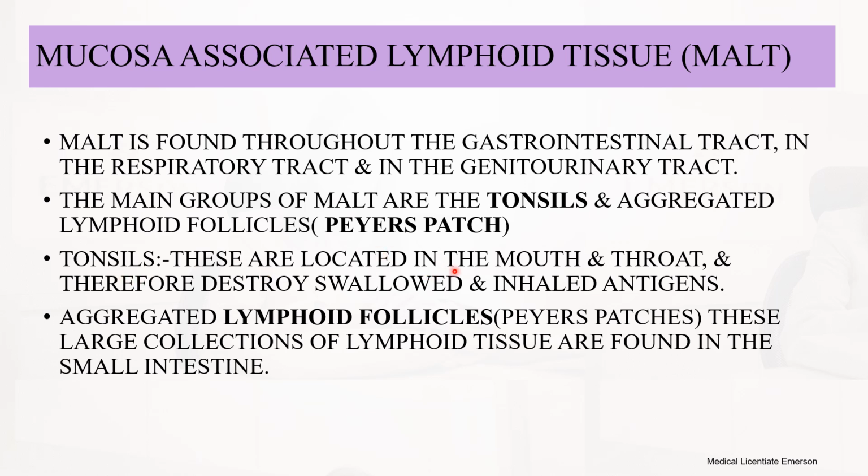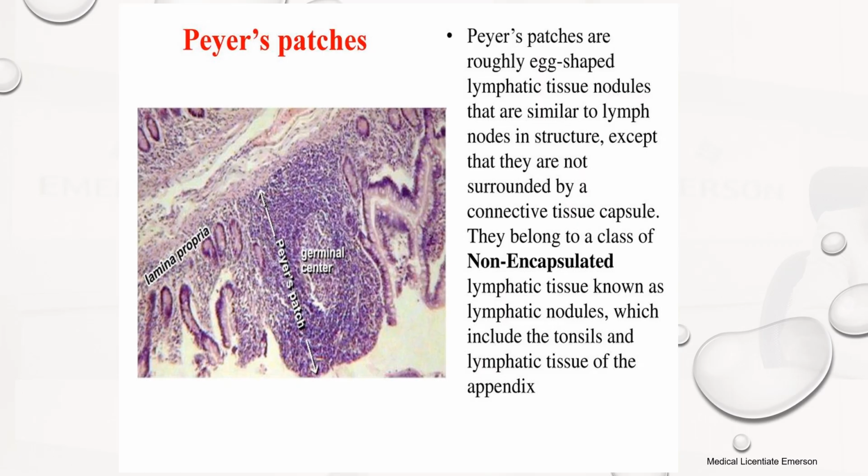Tonsils are located in the mouth and throat, and therefore destroy swallowed and inhaled antigens. Then aggregated lymphoid follicles, which are the Peyer's patches, are large collections of lymphoid tissue found in the small intestines.